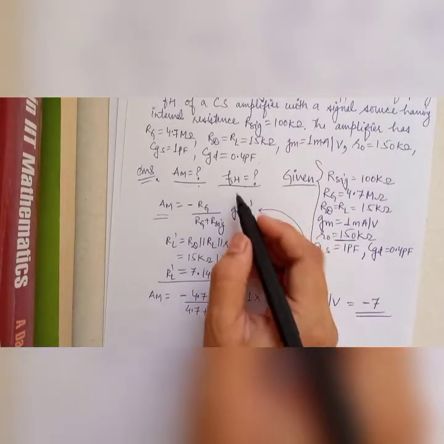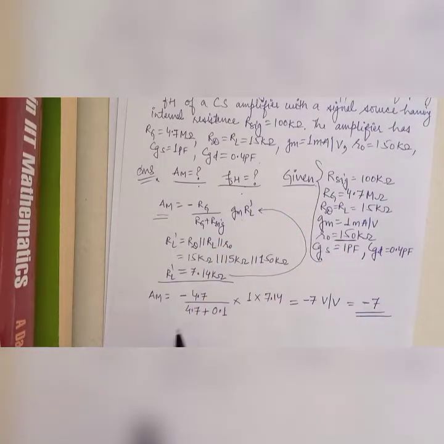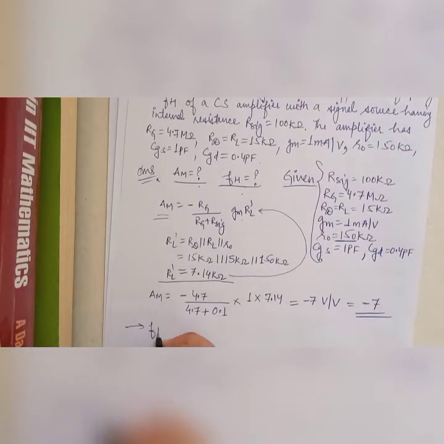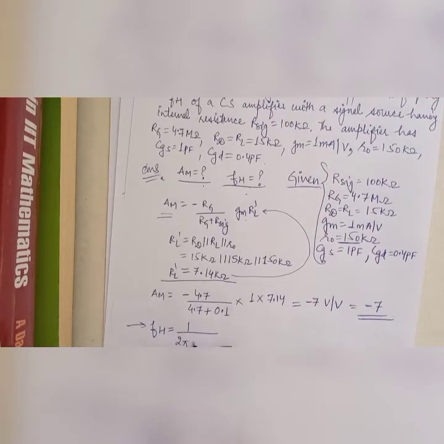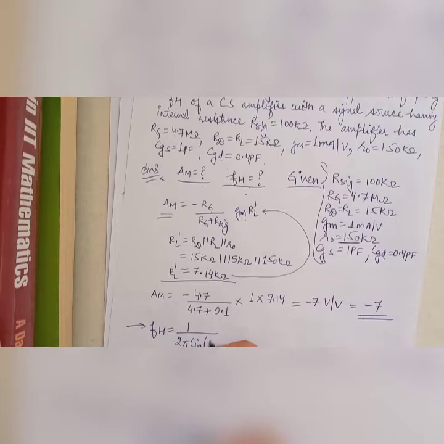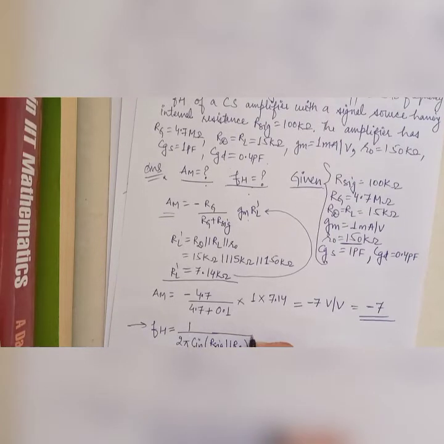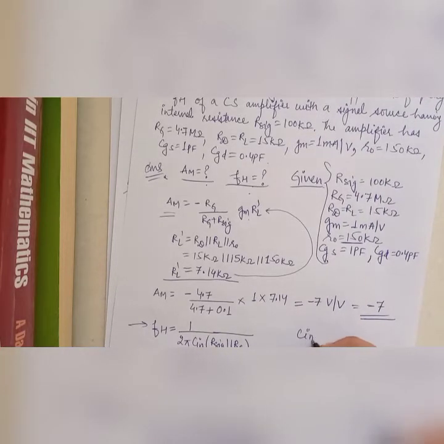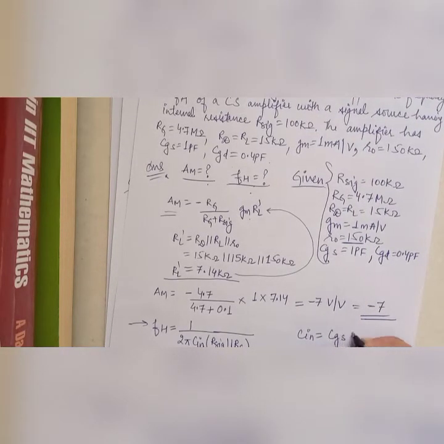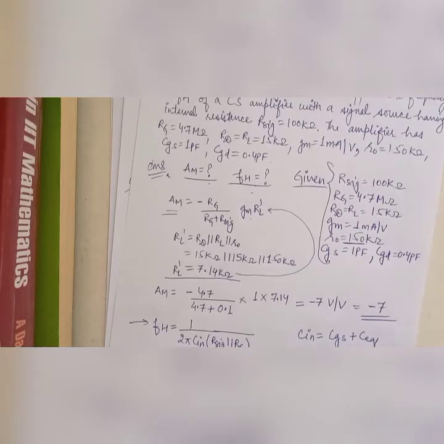Now I have to find out the value of FH. So FH will be nothing but, we should know the formula of FH. FH is 1 upon 2 pi C in into R sig value parallel with RG, where C in is nothing but the combination of CGS and C equivalent.